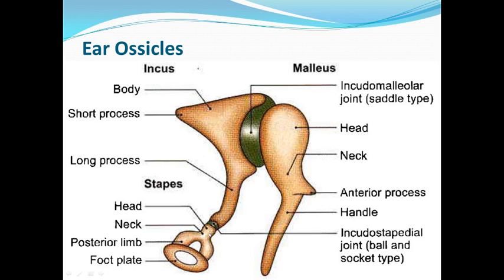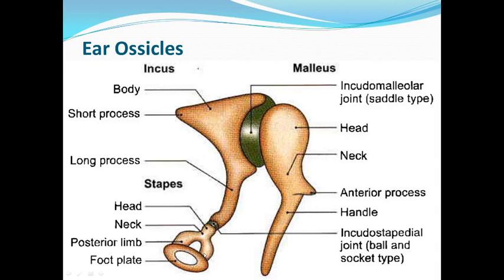You can see this is the narrow neck which provides insertion posteriorly to the thin tendon of the stapedius. When we discuss the two muscles of the middle ear, the two muscles are the tensor tympani and the stapedius. So this neck gives attachment to the stapedius muscle.